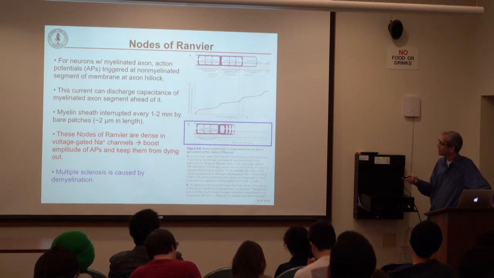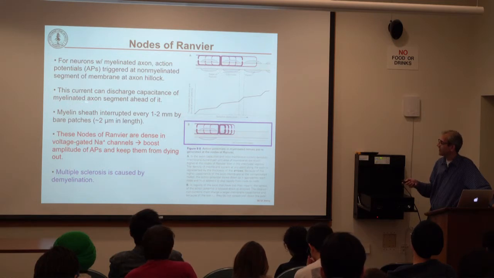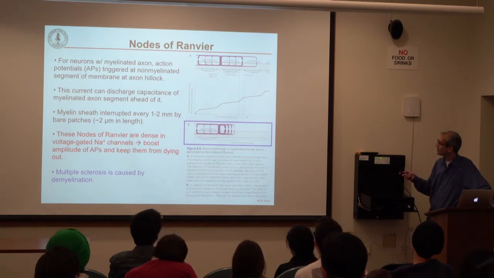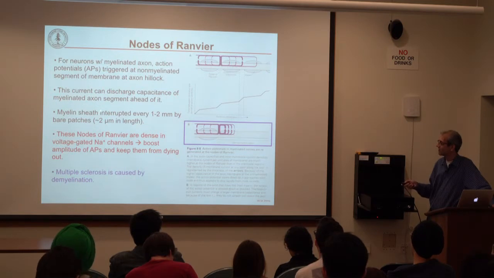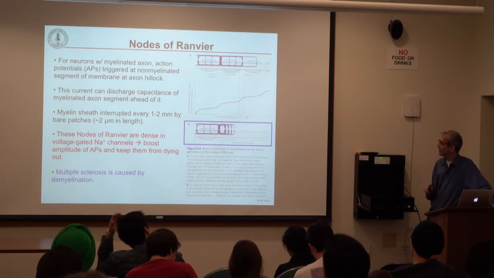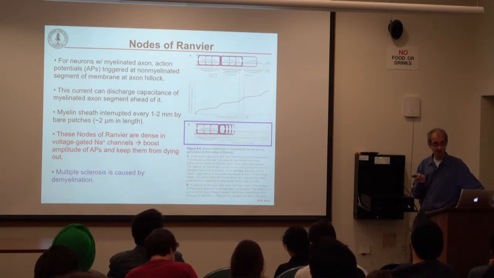And then this current can discharge the capacitance of the myelinated axon segment ahead of it. Let's imagine that it is moving here in this direction. So that current will influence out to some spatial scale here. The myelin sheath is interrupted every millimeter or so by these bare patches. And that's where these voltage-gated sodium channels are in very dense existence.